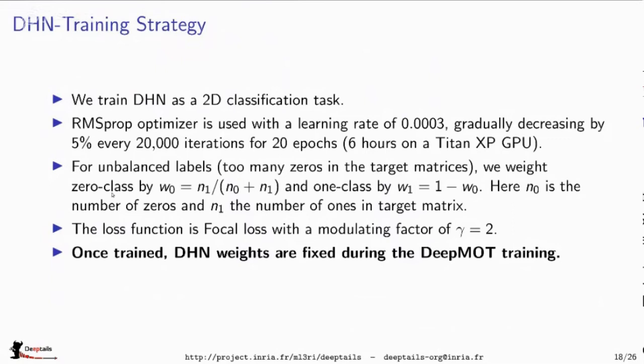Here we just use the number of ones and number of zeros to balance each class. And focal loss is used with a modulating factor of 2. Another point is that, as I said, once the DHN is trained, the weights are fixed during the DeepMOT training for the Deep Multi-Object Tracker.